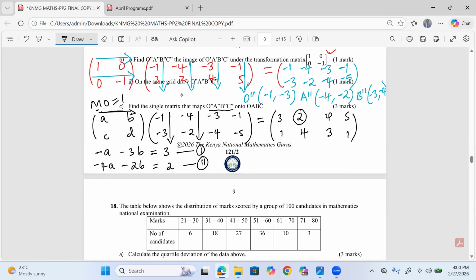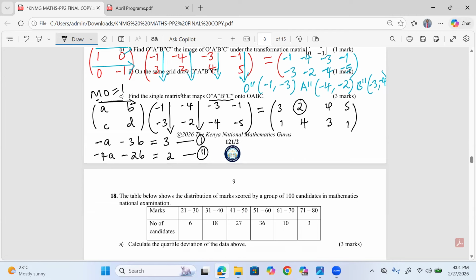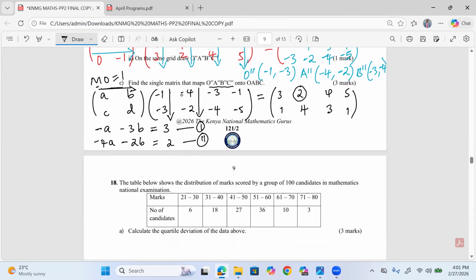So we can check that. Let us check the values of A and B. It's a pair of simultaneous equations, so we can use any of the methods. We have matrix methods, we have elimination, we have substitution method, and such.